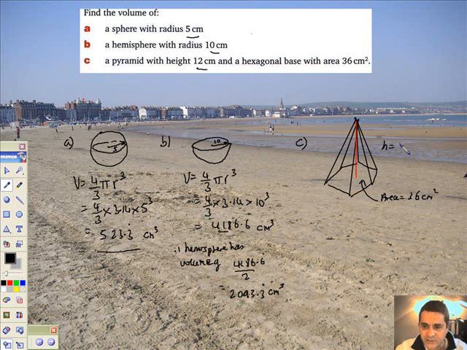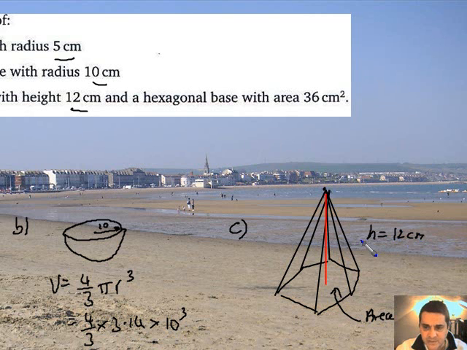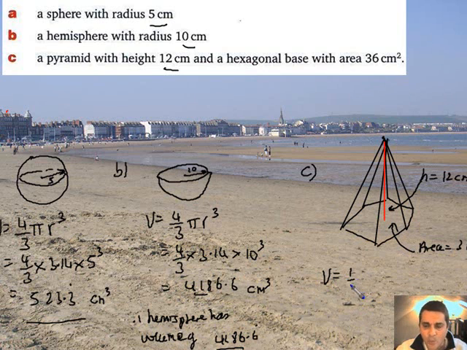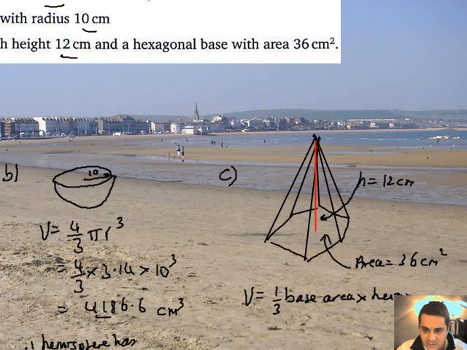So if I put here h equals 12 centimetres, right? And try and label that to the red bit there. Okay. So what have I got? The volume of any pyramid is going to be 1/3 of the base area multiplied by the height. Now, thankfully, I didn't have to work out the area of the hexagonal base. It would have been a regular hexagonal base, I'm sure, otherwise it couldn't be done.